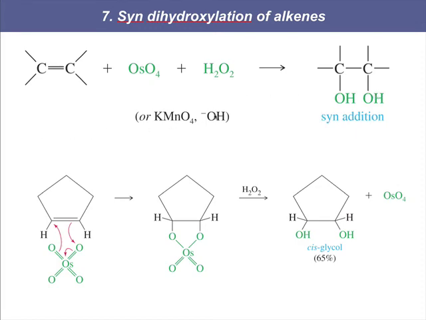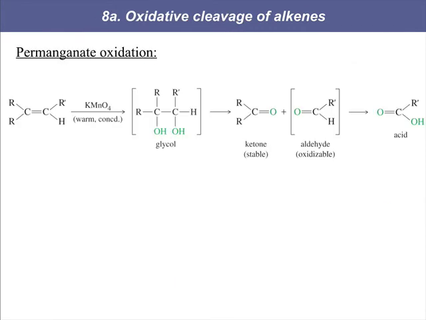That was KMnO4 under basic conditions. In oxidative cleavage, we're going to take a double bond and add KMnO4, but instead of basic conditions, we're going to use hot, warm, and concentrated conditions.